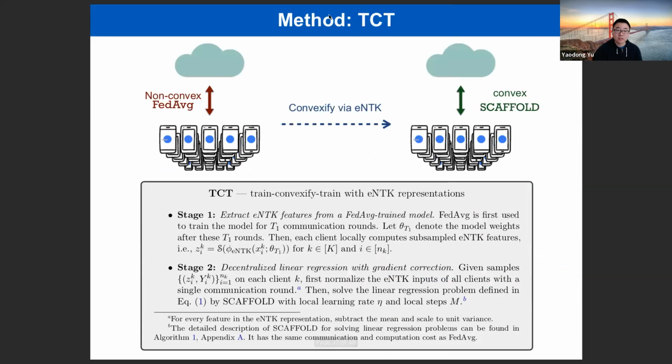We are using a subsampling procedure, and if I recall correctly, we are using 1% of the number of parameters. We just sample 1% of the features from this huge vector, and it's also working pretty well in practice. I'm not sure whether that answers the question.